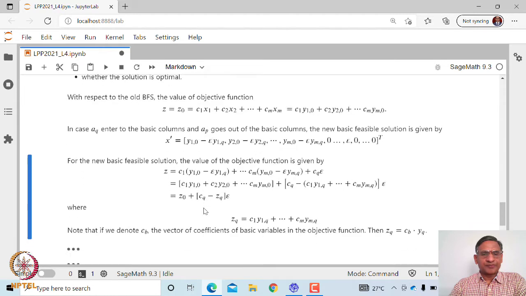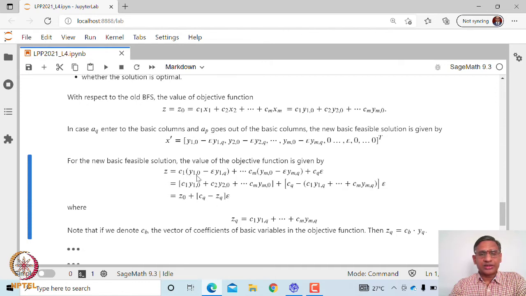It is C1 times the first component plus C2 times the second component plus dot dot dot Cm times ym0 minus epsilon times ymq, plus, at the qth place, Cq times epsilon. That is the value of the objective function for the new basic feasible solution.